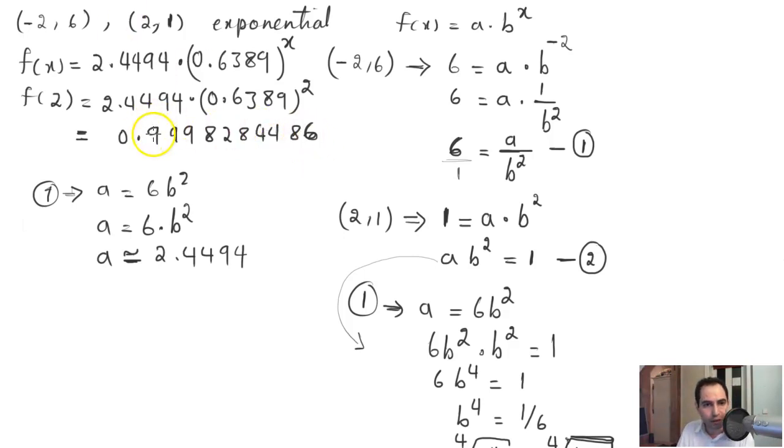So this is not exact, because f of 2 is supposed to be equal to 1. Not exactly 1 here, but 0.99982 and so on.